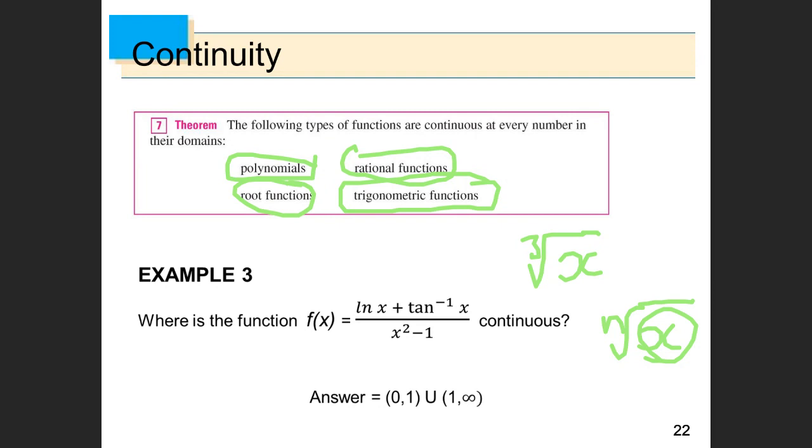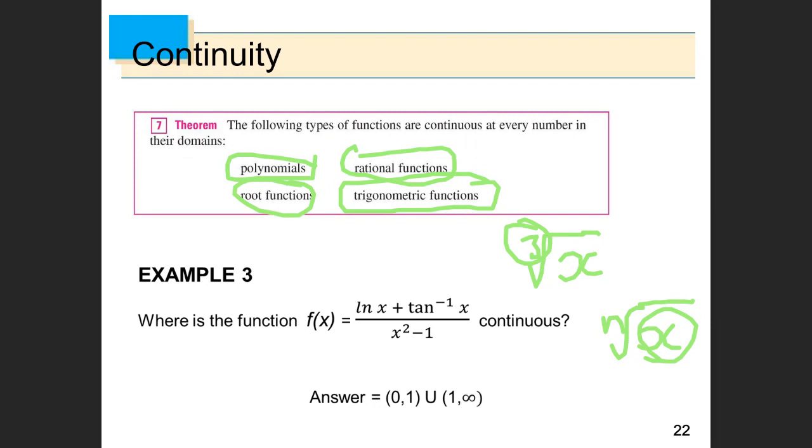So pay attention to that, because I saw in my test, people were saying all kinds of stuff that are not true. All right. So for the cubic root function, the domain is the set of real numbers, because the n there is odd. You can see it's an odd number, the 3. So it makes it the set of real numbers. If it was even, we're going to say x is greater than or equal to 0.